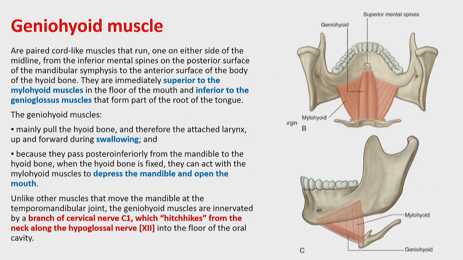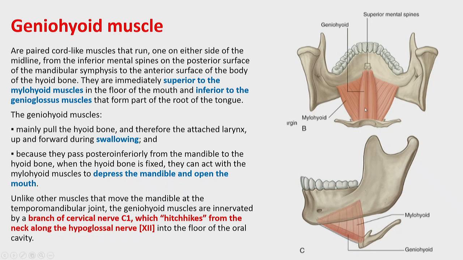It is very important. So the next muscle of the topic is the geniohyoid. It is another muscle of the suprahyoid group. As we mentioned, it is the cord-like muscle, which is coming from the inferior mental spine and going to the body of the hyoid bone.